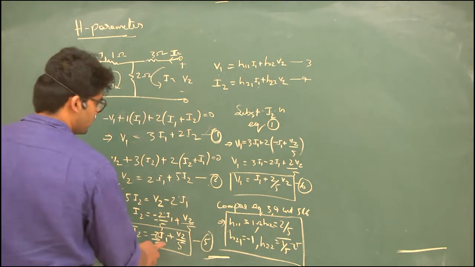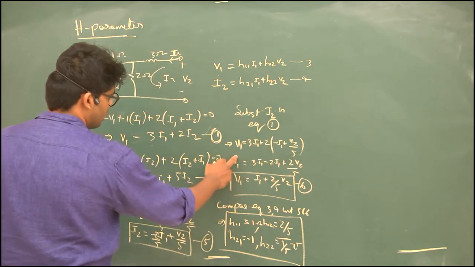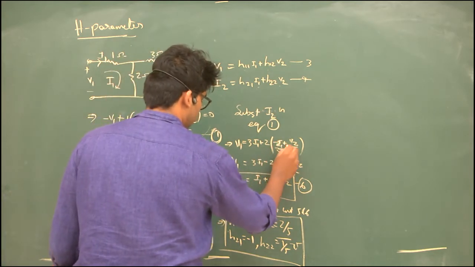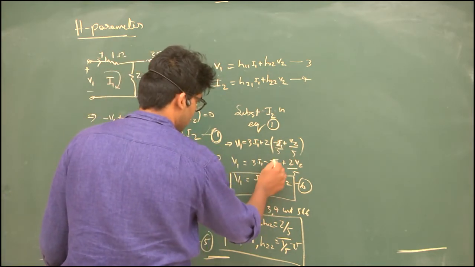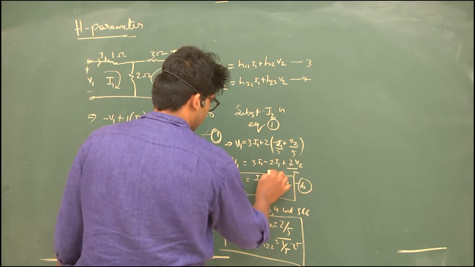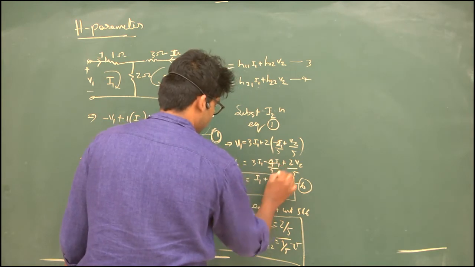If you substitute I2 in equation 1, minus 2 by 5, and again substituting, this will become minus 4 by 5.